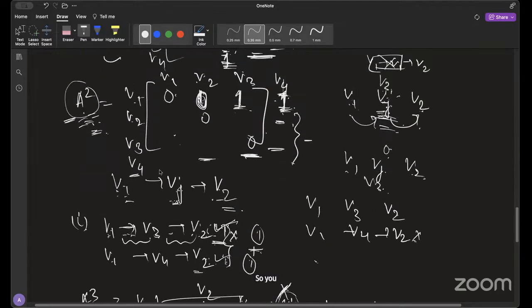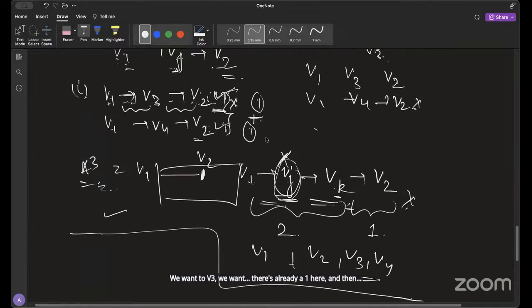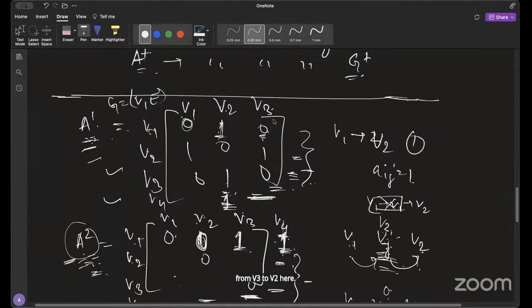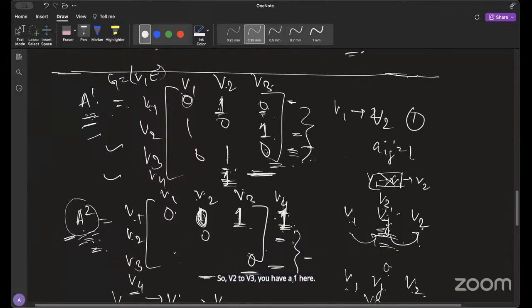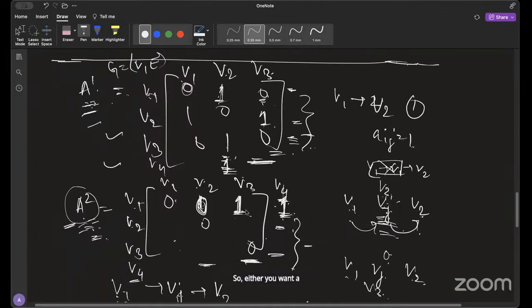So you want a 1 here. V1 to v3, there's already a 1 here. And then from v3 to v2 here in this one. Check for v3 to v2, because it's of length 1, right? So v2 to v3, you have a 1 here. So either you want a 1 and a 1 here to go from v1 to v3 and then v3 to v2.